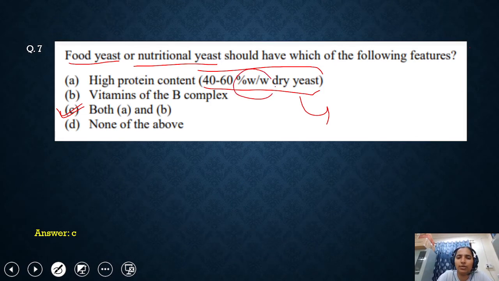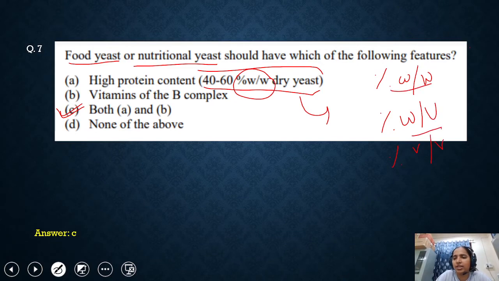You must know about this percentage weight by weight, although you have studied a few different ones like percentage weight by volume and percentage volume by volume. All these are used for the representation of the amount. Weight by weight means that if 100 gram of dry yeast is there, then in that 100 gram, 40 to 60 gram is protein.